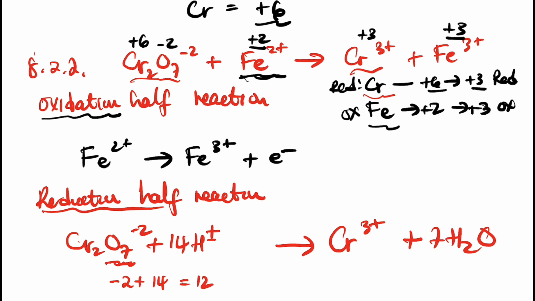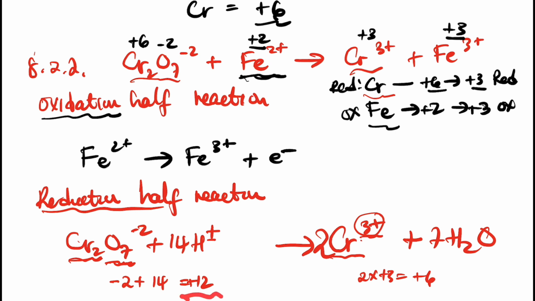We just have a 3+, but we need to balance. That's another thing that we need to balance. There are 2 chromiums and 1 chromium. We need just to put 2 there, right? So the chromium, it's 2 there. So in this side, how many charges do we have? It's 2 times 3+, which is going to be +6. So our charges here are not balanced.